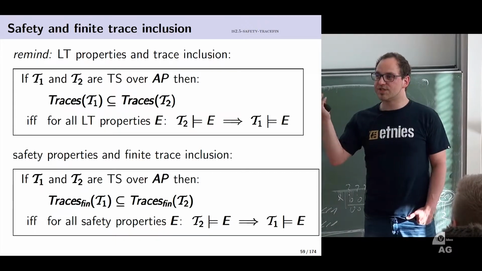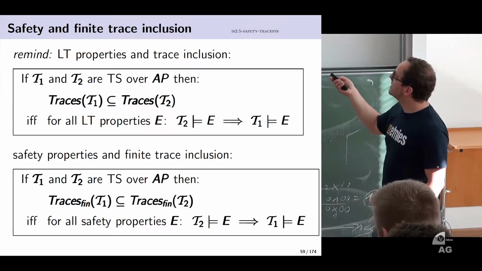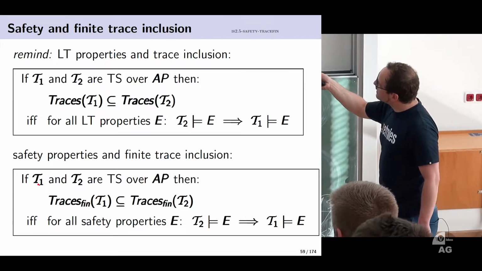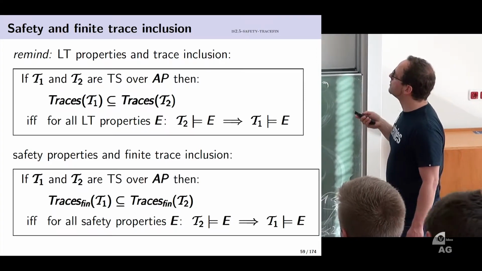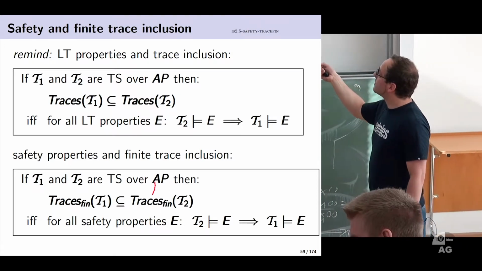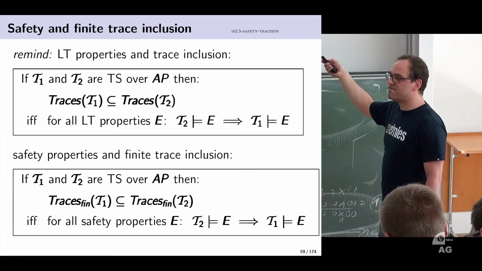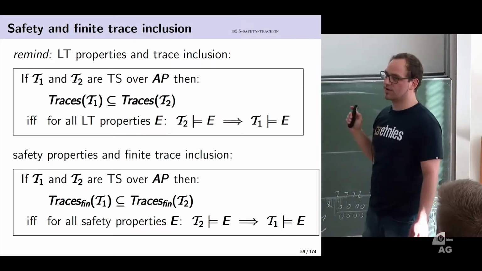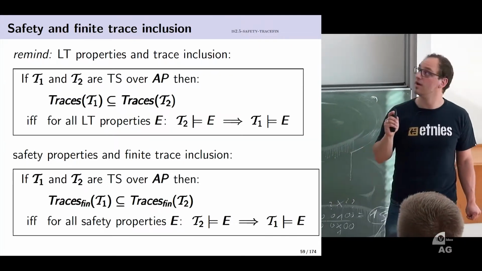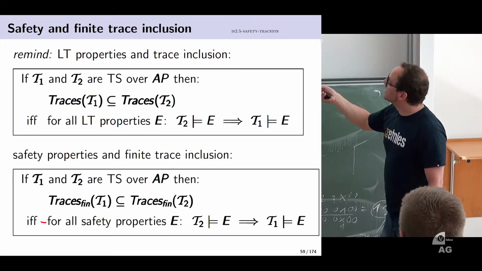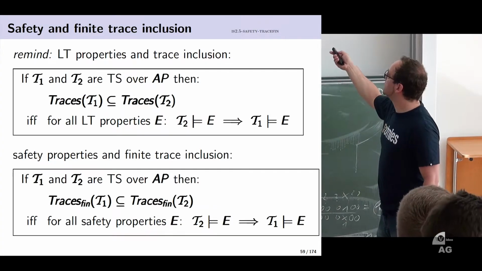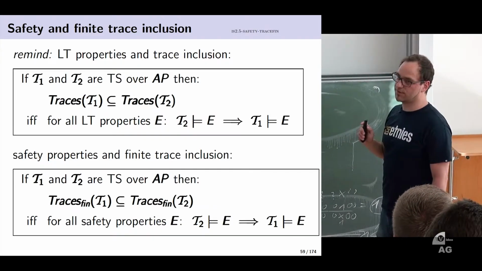And what you can actually show is the following if we look at safety properties only. If we have two transition systems, T1 and T2, that are not connected by trace inclusion but by finite trace inclusion, meaning that all finite traces of T1 are contained in the finite traces of T2, this is equivalent to having that for all safety properties E, if the second one satisfies E, then also the first one.